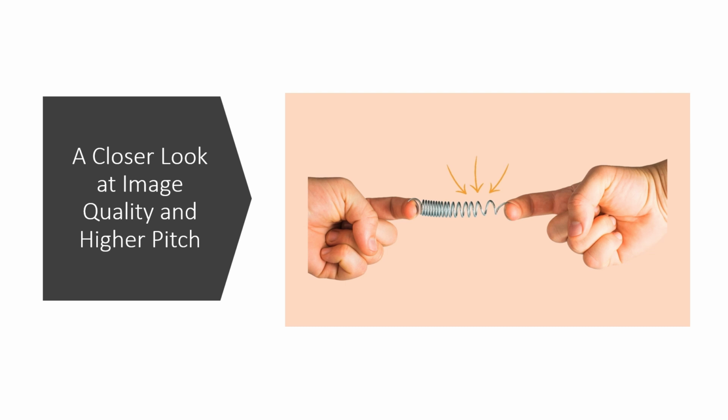To grasp how pitch affects the image quality, imagine pulling the ends of a spring. As you can see here in the image, the coils begin to slant as stretched by the pull. Likewise, as pitch increases, the slice angle also increases.